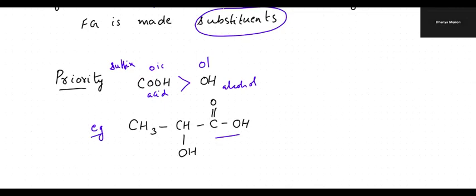But according to the rule, only one of them can become the primary functional group. And according to the priority order, in this case, the acid is our primary functional group. So that means the alcohol has become the substituent.